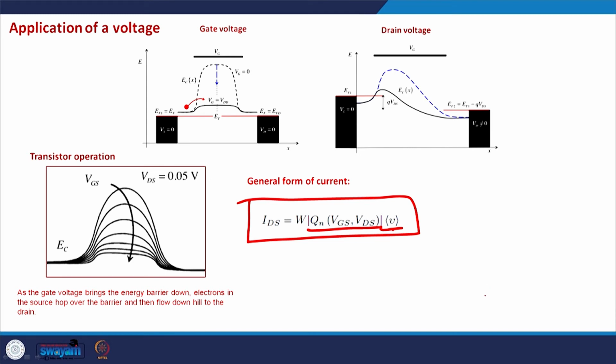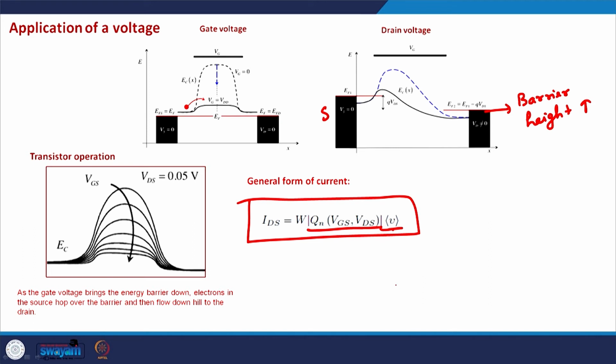Now let me point out here that since a positive voltage is applied on the gate terminal, the barrier height increases from the drain side. The barrier height is more from the drain side as compared to the source side.